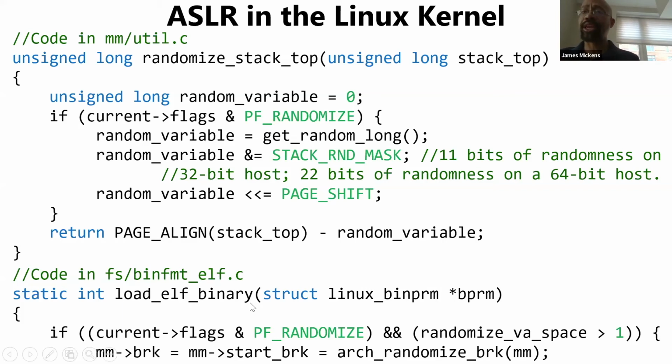So here we're just saying, should we be randomizing the starting place for the heap? If so, the start of the heap is going to be some randomized offset generated there. So ASLR is basically a common defense now. You'll see this in Linux, and you'll see this in Windows as well.